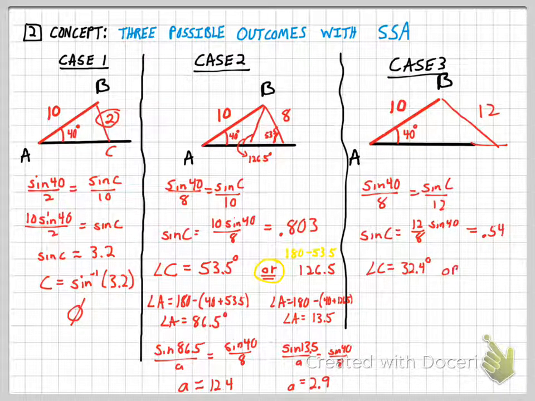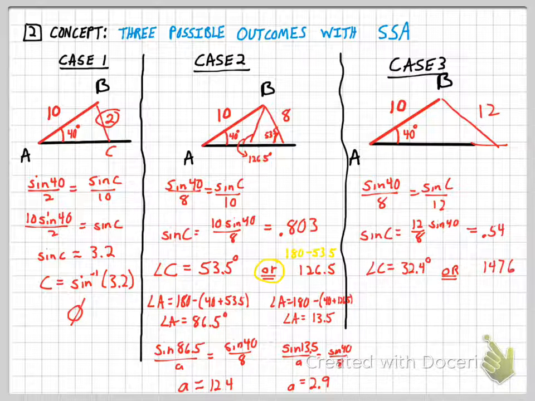Or, and again I have two possibilities, 180 minus that. So 180 minus 32.4 is 147.6.